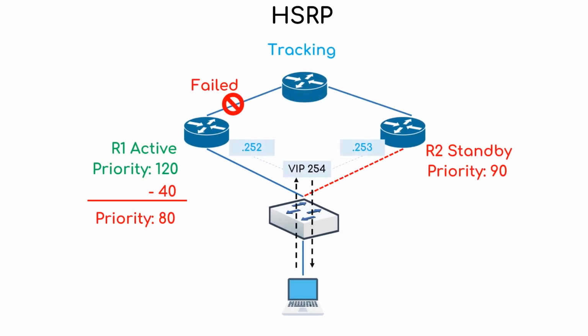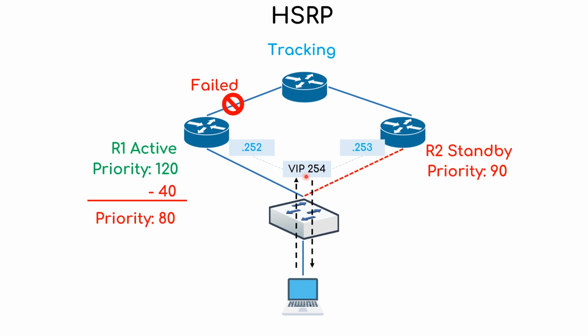Okay, one more feature is tracking. HSRP has a feature that can track the uplink status or track a route, and when the tracking process fails, HSRP will reduce the priority of the active router, then trigger the election. The standby router now has a higher priority, so it will become the new active router and handle traffic for users.